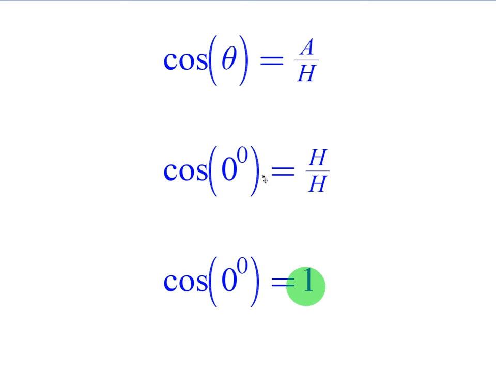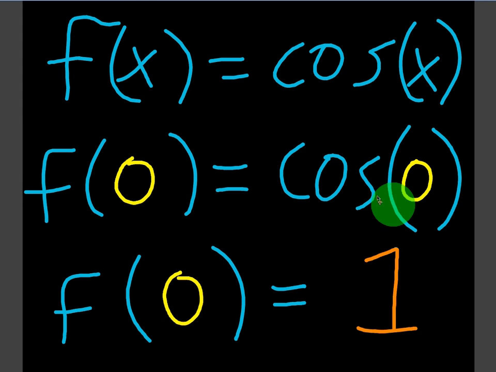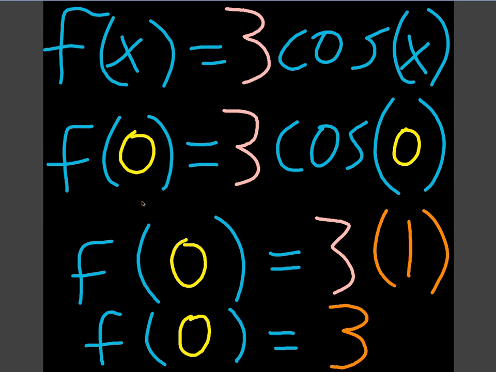That's the biggest value you're going to get for cosine, and looking at the unit circle, the smallest value would be opposite that at -1. So it only makes sense that if the biggest value for cosine is 1, no matter what number we multiply that by, that's just going to be our amplitude. So if our value in front is 3, then our amplitude will be 3 because we're multiplying that by 3.